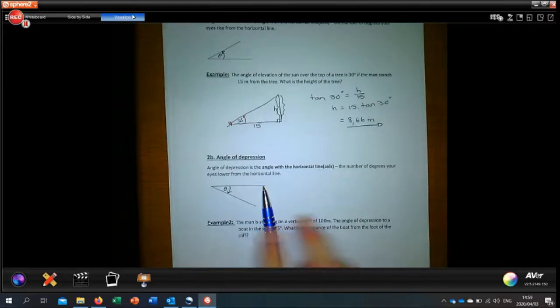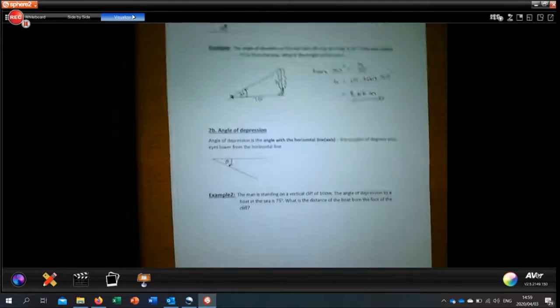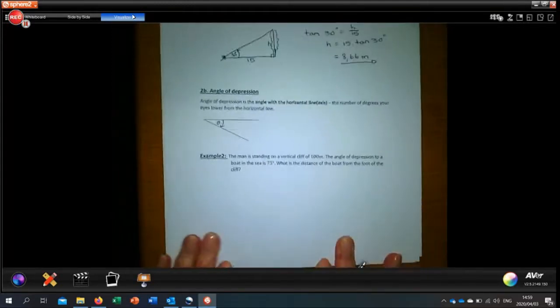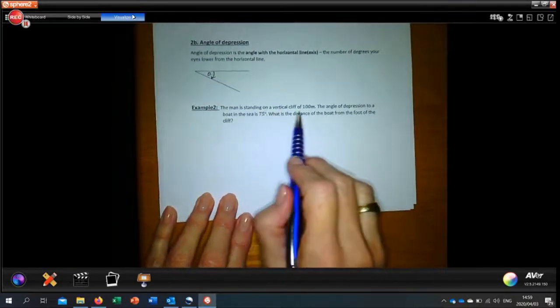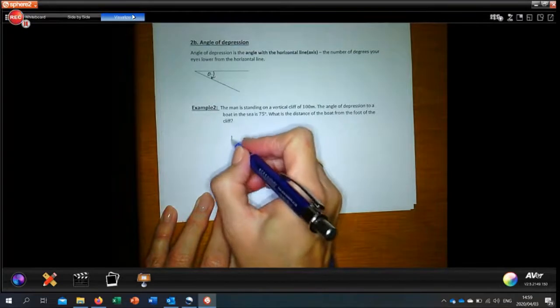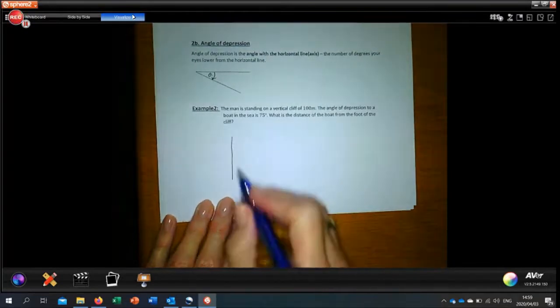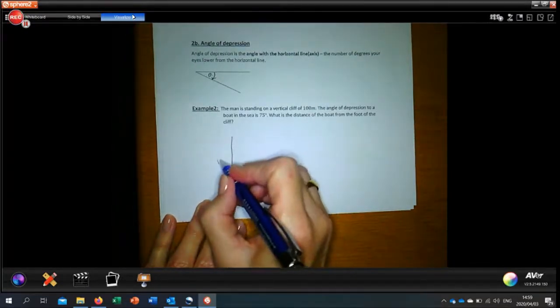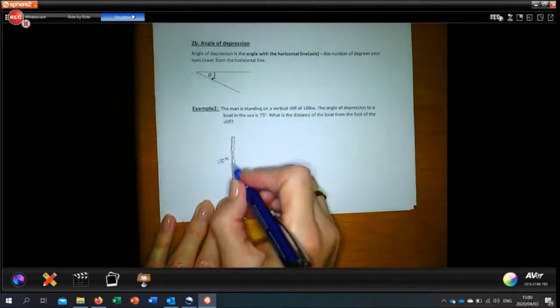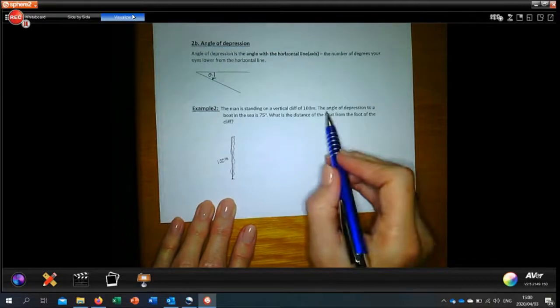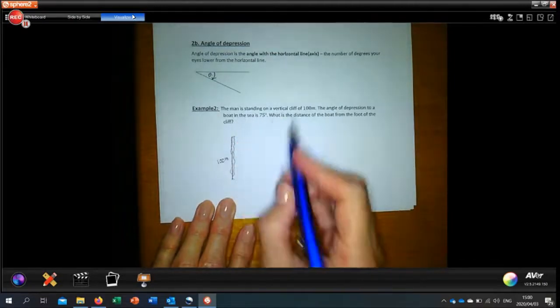But the problem is, if we get to a question like example 2, here they ask me, a man is standing on a vertical cliff of 100 meters. Now let's say this is my cliff, 100 meters. Again, you understand that this is a cliff. The angle of depression to a boat in the sea.